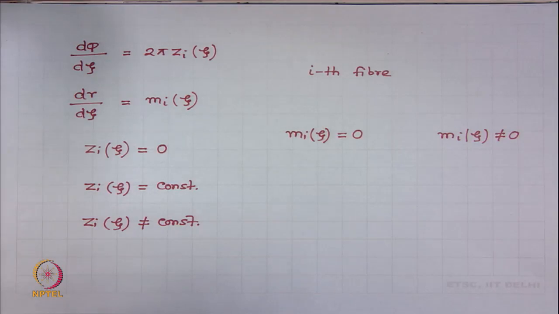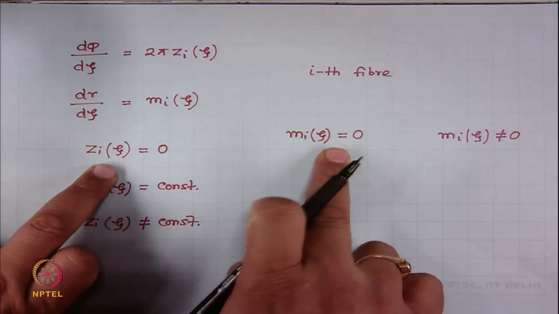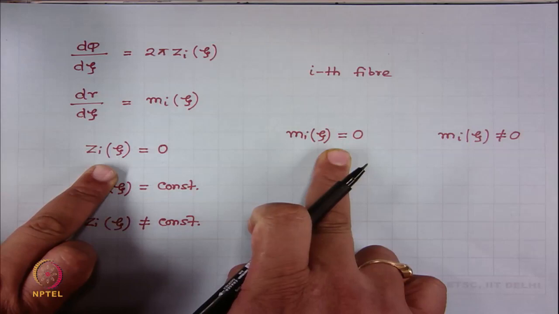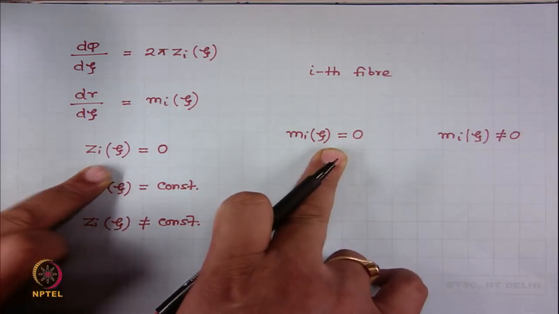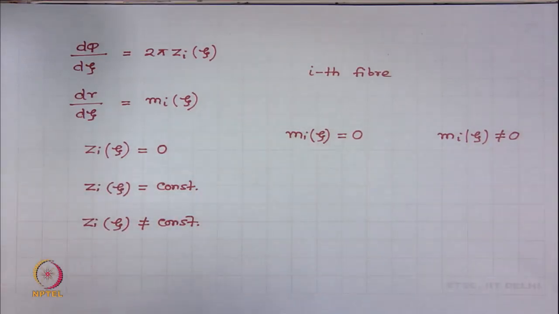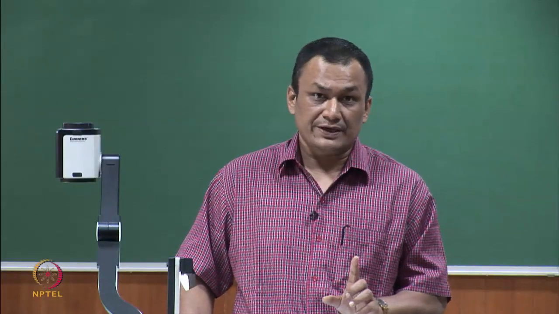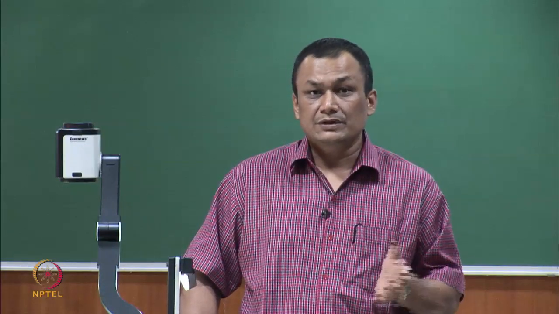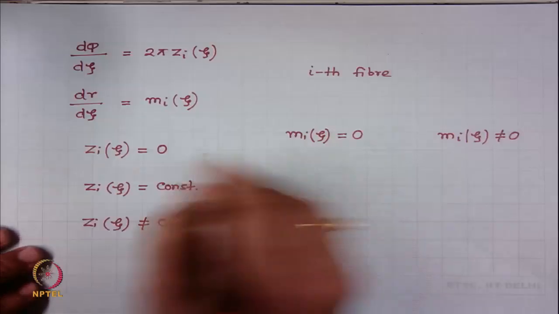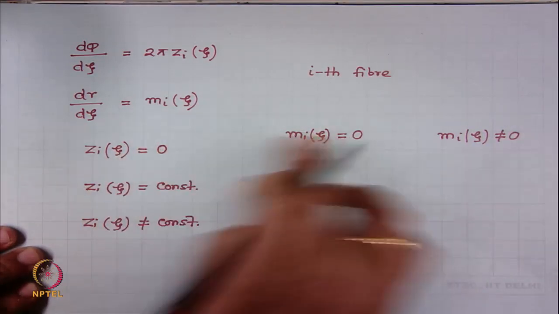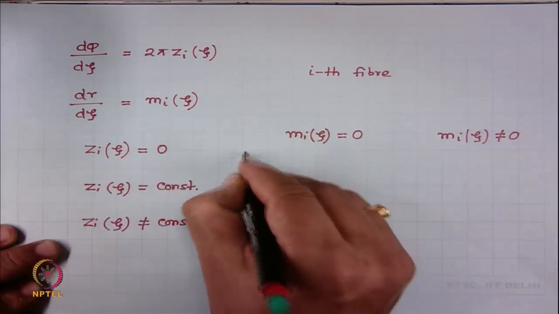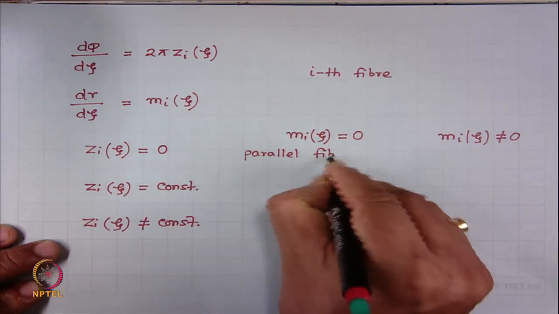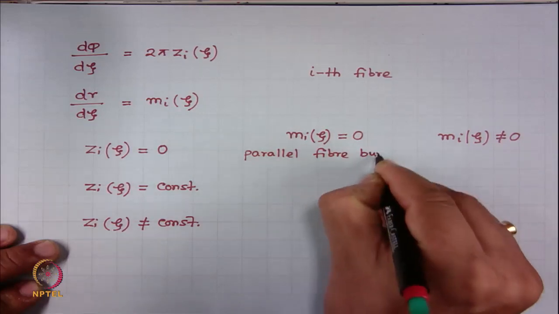So, if these two situations happen, there is no twist in the fibrous assembly and there is no radial movement. That means all fibers are straight. That means we talk about a parallel fiber bundle. So, when these two conditions are valid, we talk about a parallel fiber bundle.